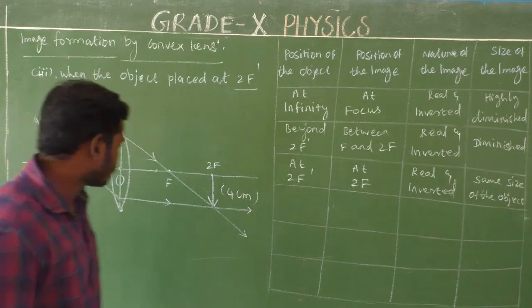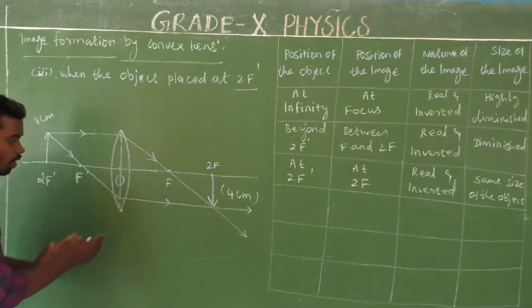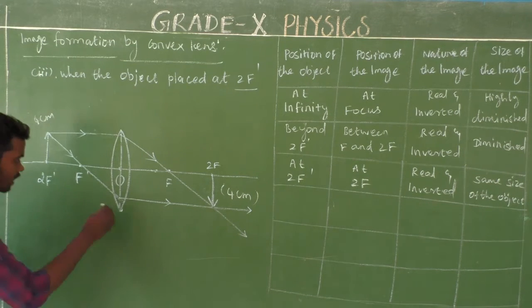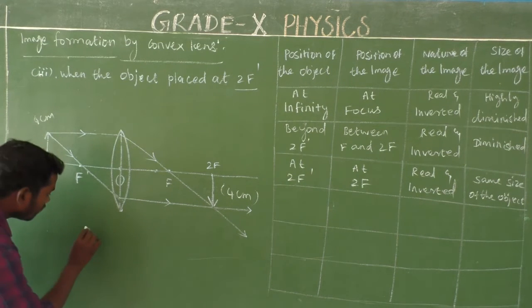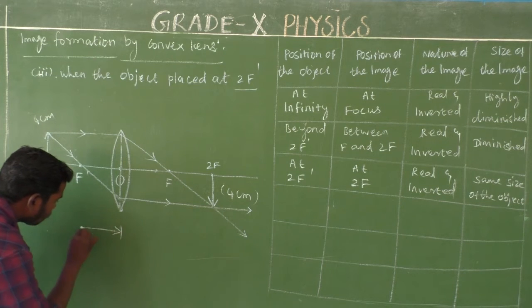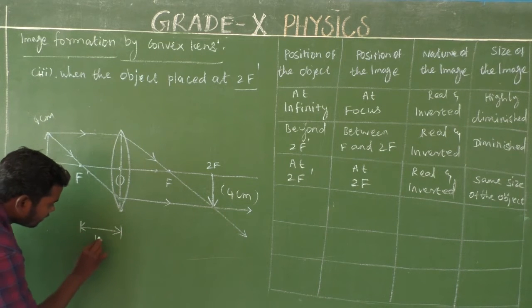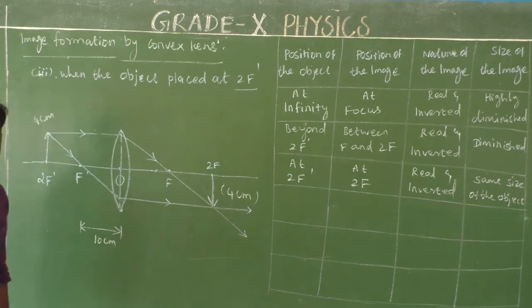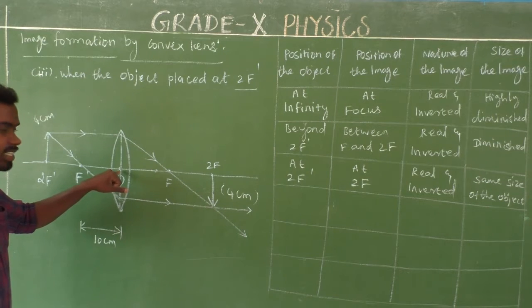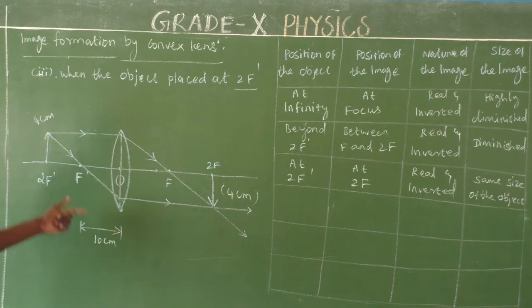Is it clear? Suppose the focal length is 10 cm. What is focal length? Focal length is the distance between the optical center and the focus. This is 10 cm. So what will be twice its focal length? 10 cm plus 10 cm, that is equal to 20 cm.